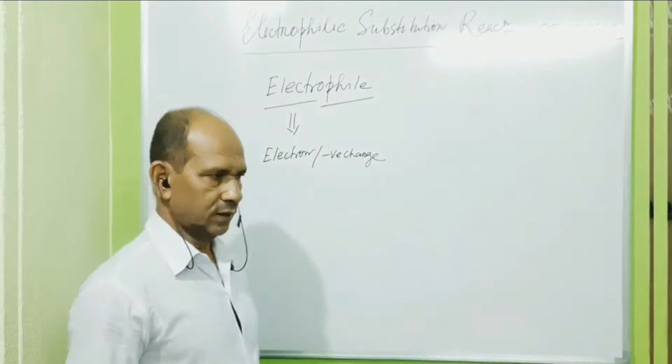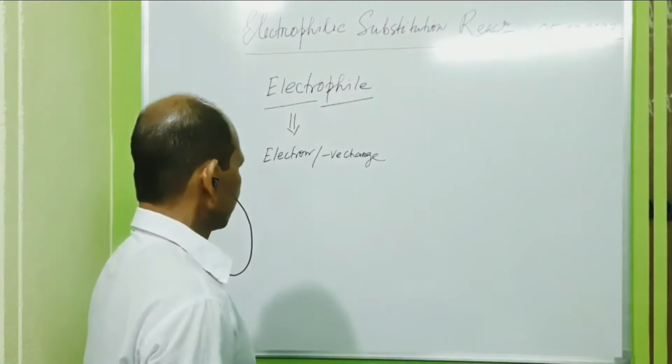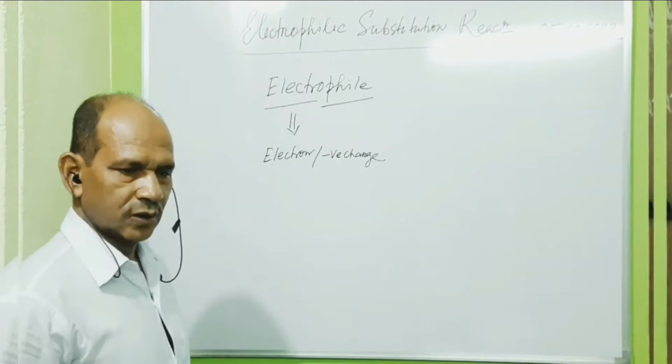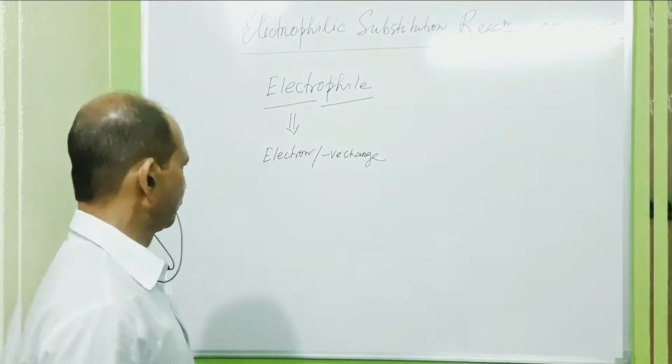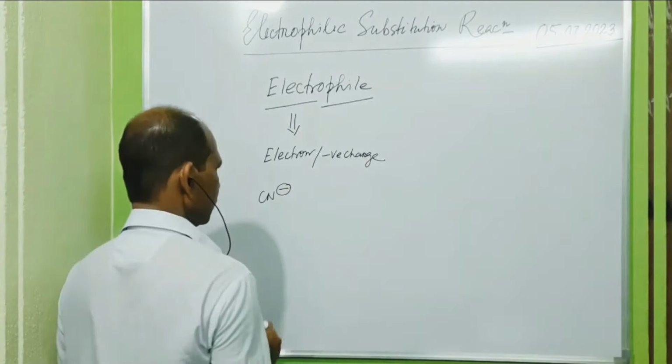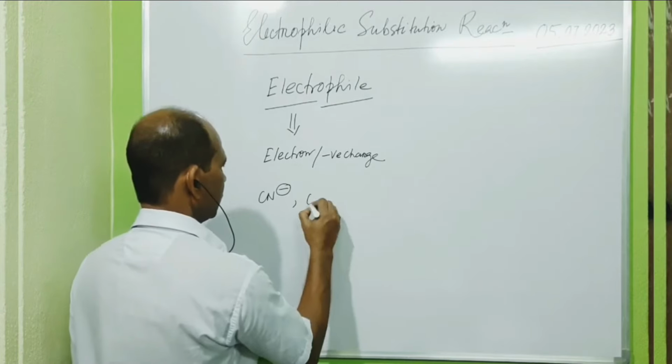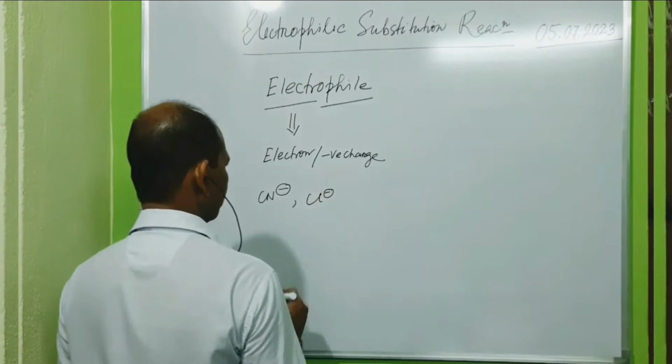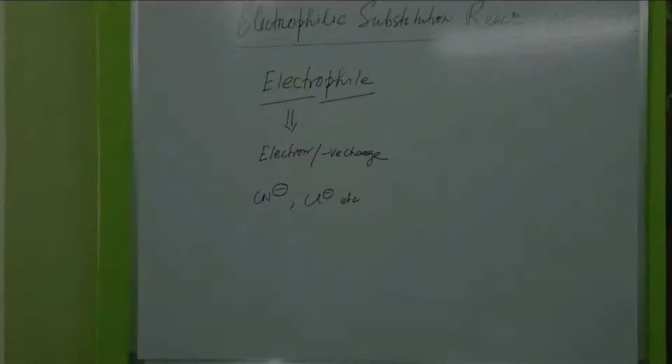For example, the negative ions may be Cl minus, etc. Now, what is phile?